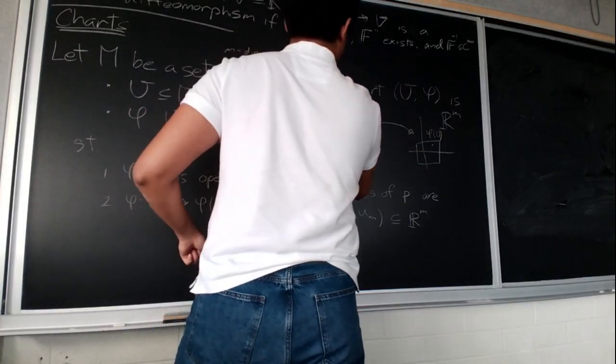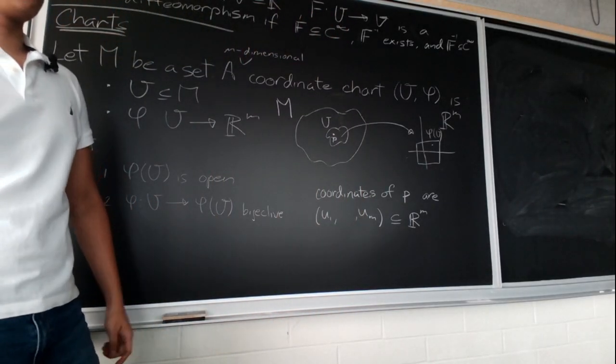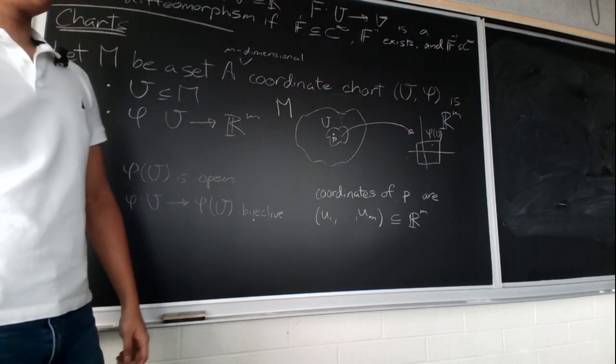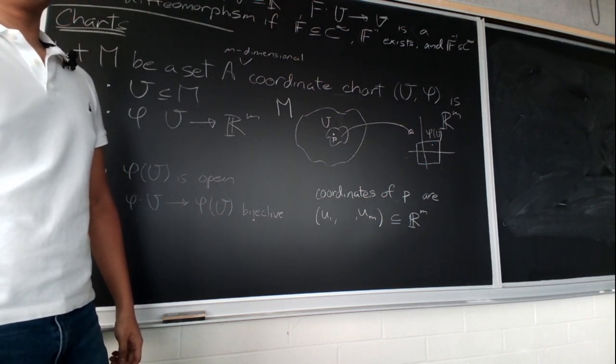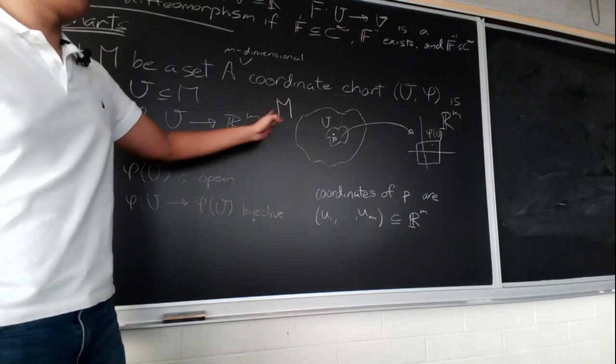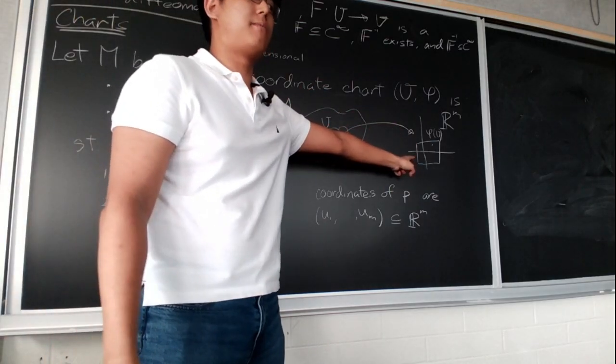We want to come up with some kind of framework of how we would be able to do this. What is our solution to this problem? We're going to transport stuff from something that's not Rm into something that's unique inside of Rm.